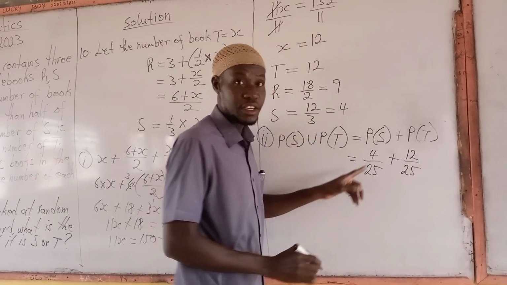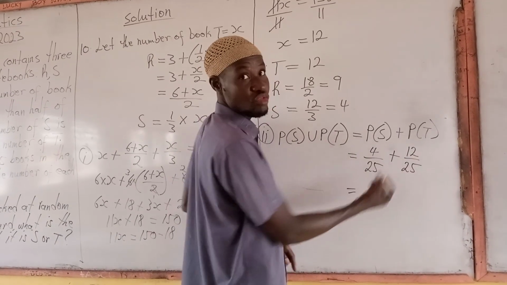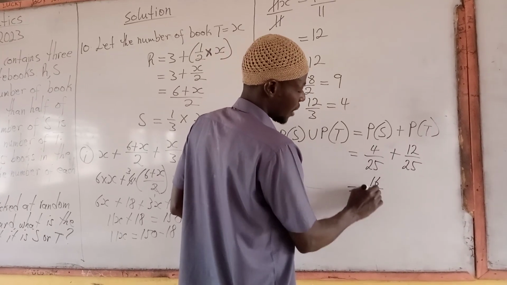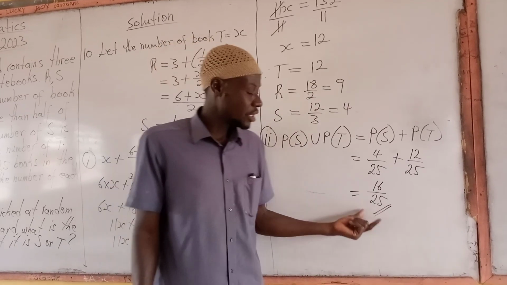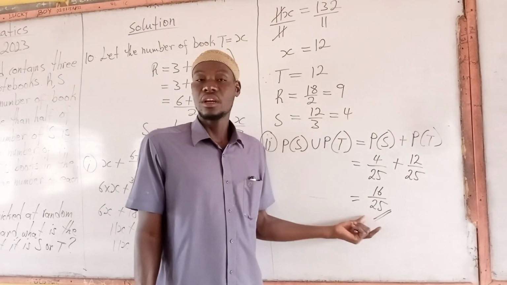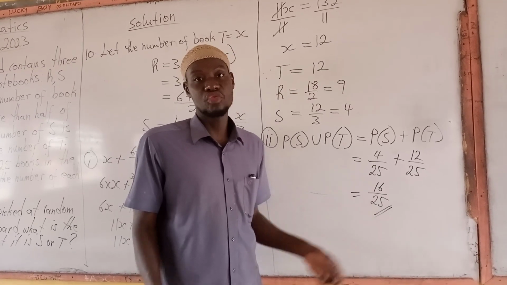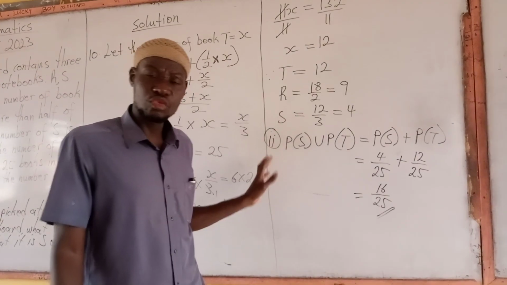Because we have the same denominators, we just add the numerators. So 4 plus 12 will give us 16 divided by 25. So the probability of the book picked from the cupboard being book S or book T is 16 divided by 25. So that's how this question is solved.